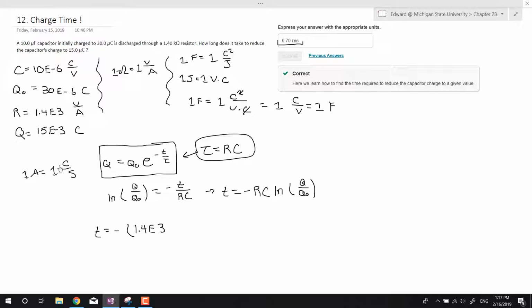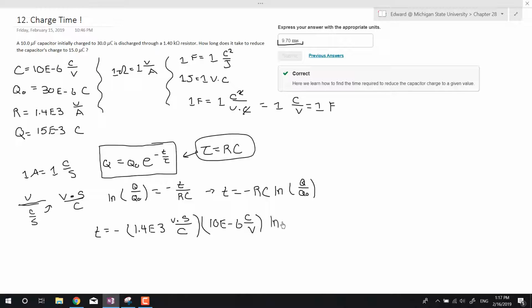But it's at the bottom, so if we rearrange this, we're going to get V times seconds over coulomb. So it's just going to be V times seconds over coulomb. That's our R. And the C, that's just going to be 10 e to the negative 6 coulomb per volt.